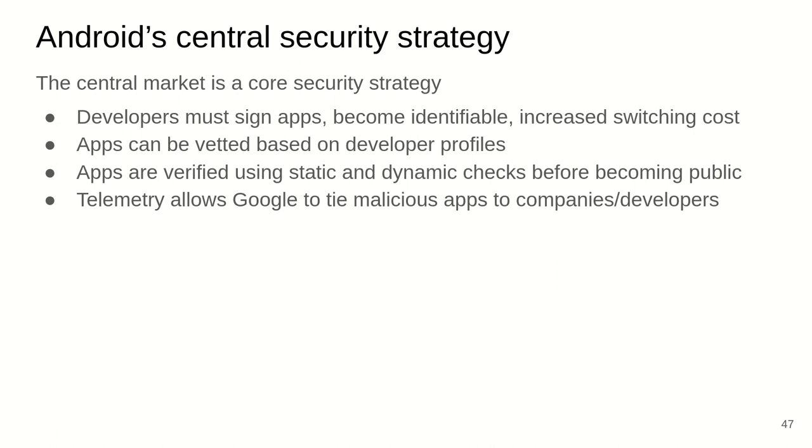So you can shift the amount of resources that you need and only require the heavyweight dynamic analysis checks for applications from less known developers or potentially dangerous ones. Telemetry also allows Google to tie malicious apps to different companies and developers, and thereby correlate and revoke applications across devices as well.